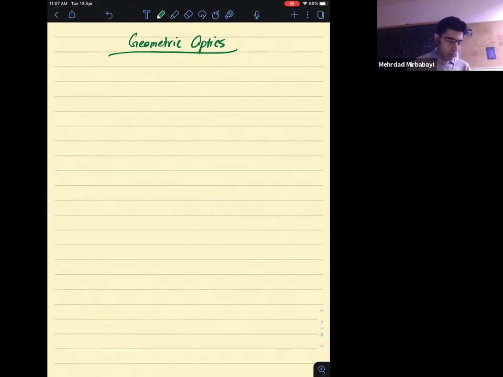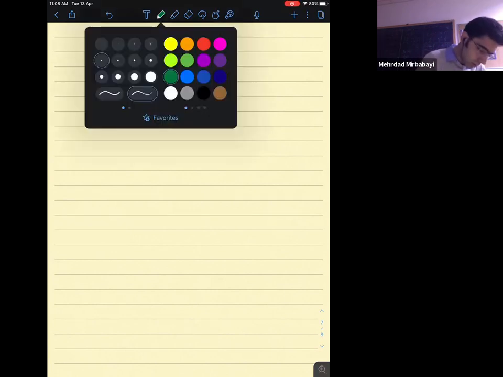So what is geometric optics? The idea is that we want to work in the limit that we have photons with high frequency or short wavelengths compared to the curvature lengths of the background, and we want to just consider them as massless point particles that move on this background geometry, and we want to study their motion.